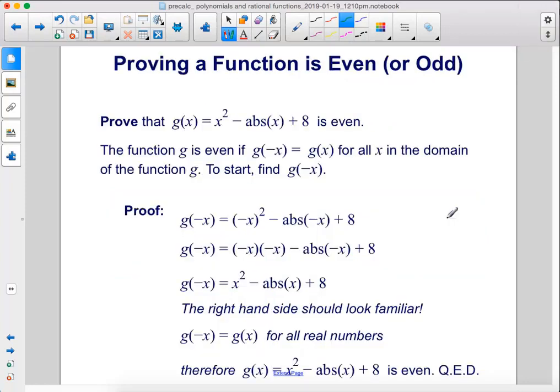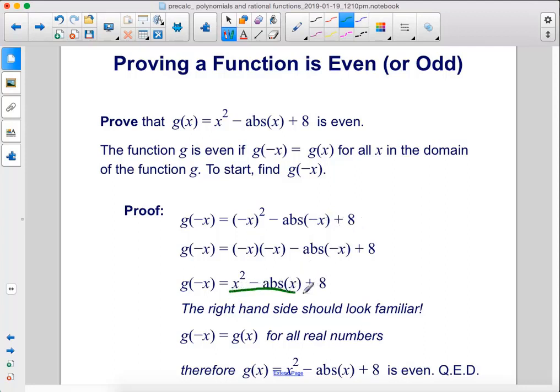Prove that g of x equals x squared minus the absolute value of x plus 8 is even. The function g is even if g of negative x equals g of x for all x in the domain of the function g. To start, find g of negative x. When we plug negative x into this function, we get negative x squared, which is negative x times negative x, which is positive x squared, minus the absolute value of negative x, and the absolute value of negative x is the absolute value of x, and then plus 8.